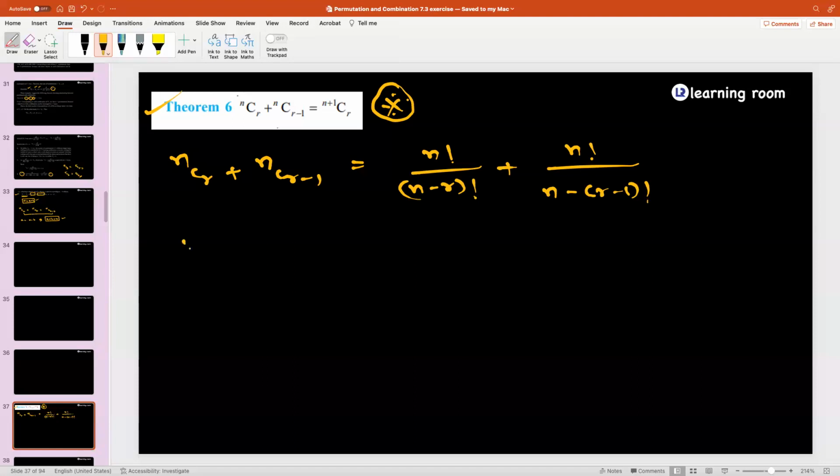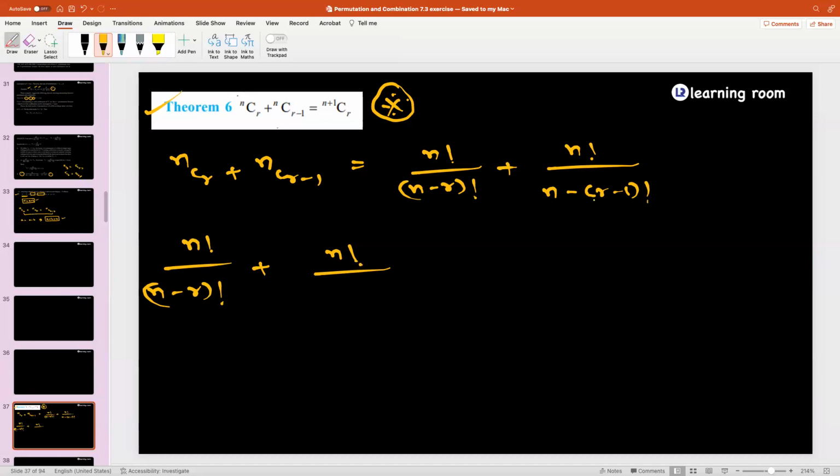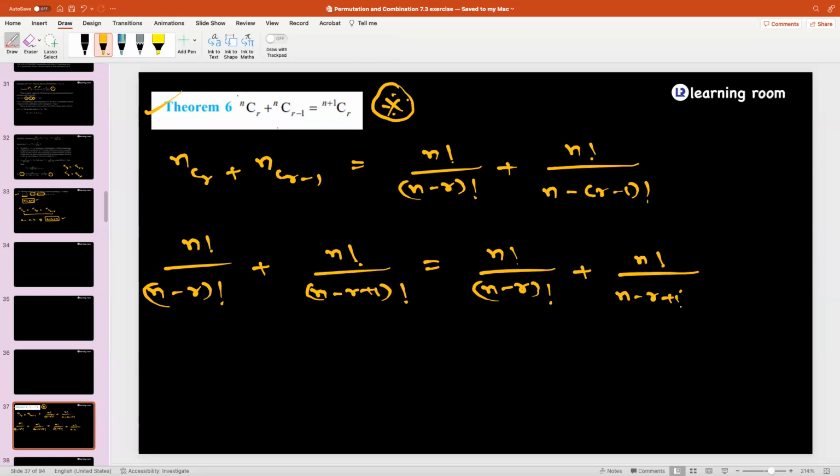So this will give us n factorial by (n minus r) factorial plus n factorial divided by (n minus r plus 1) factorial.